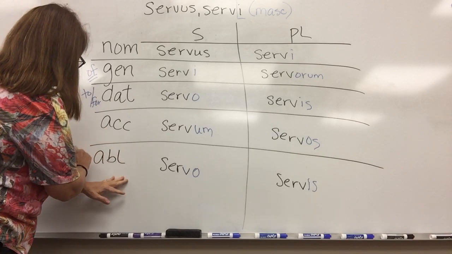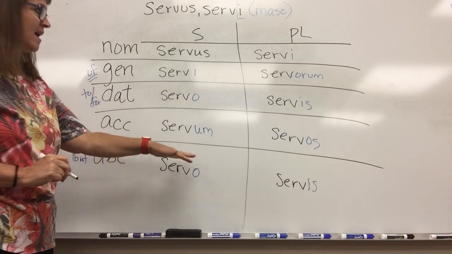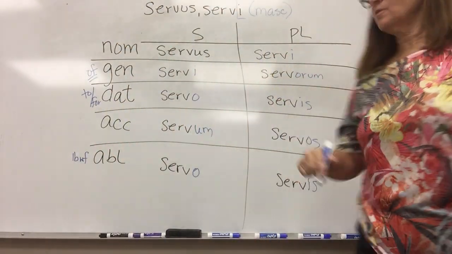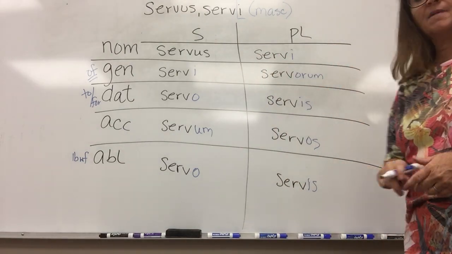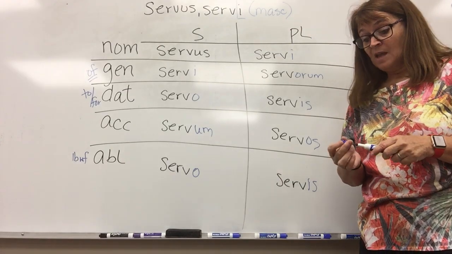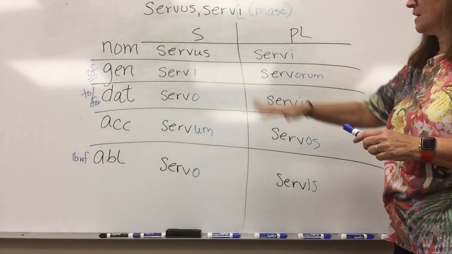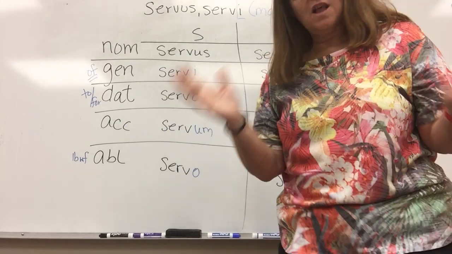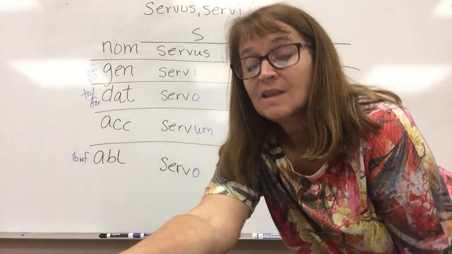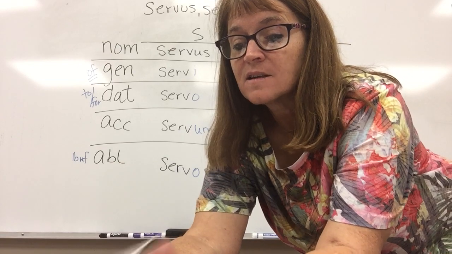Ablative, we're going to use in, by, with, from the slave. And we do the same thing with the plurals, the slaves, of the slaves, to, for the slaves, in, by, with, from the slaves. Okay, so remember that's how we decline. Now you probably, one of your exercises is going to ask you to decline all the words in the vocab like servus, okay?